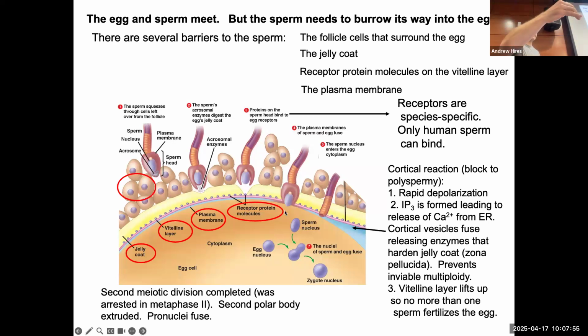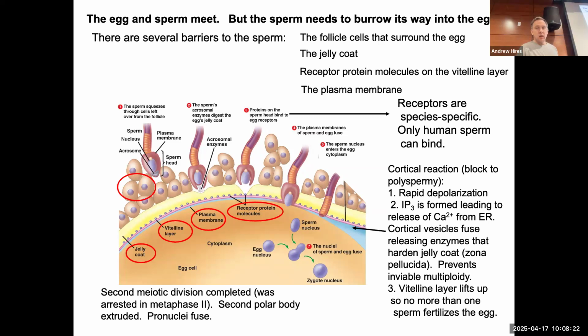That happens in milliseconds. That electrical depolarization triggers the production of IP3. That's going to take on the order of seconds to then cause the release of calcium from the ER. So it's going to happen within a few seconds of fusion of the sperm nucleus with the cytosol.